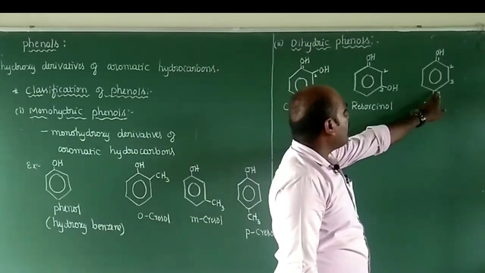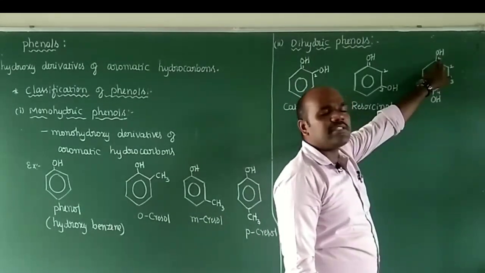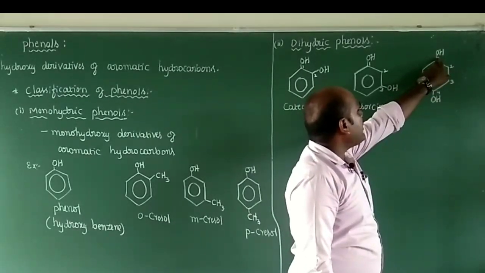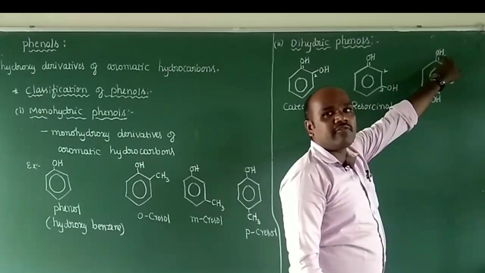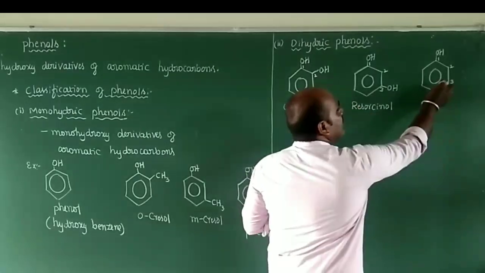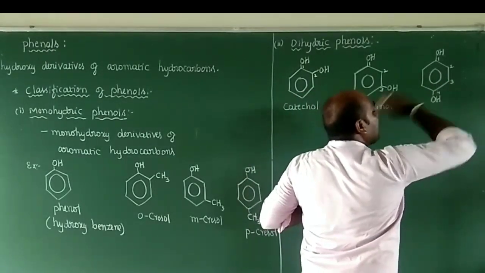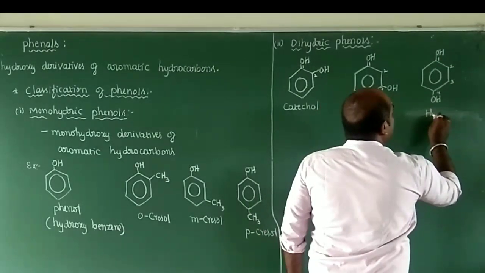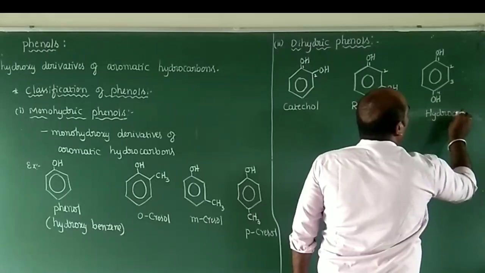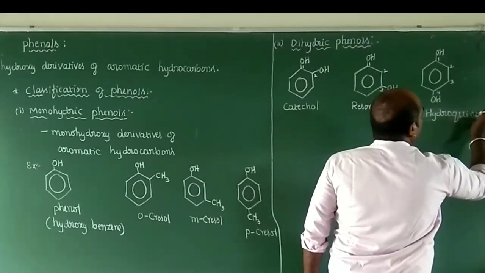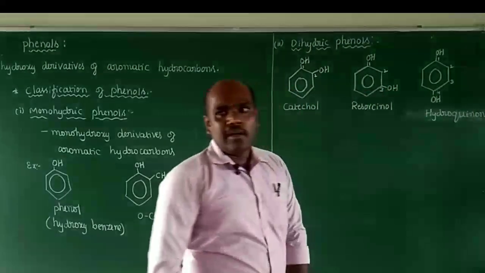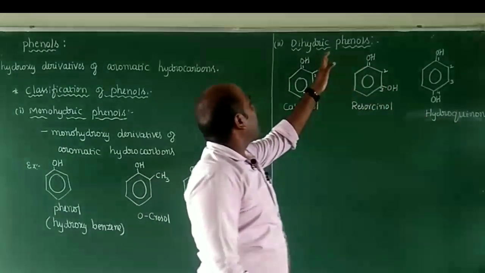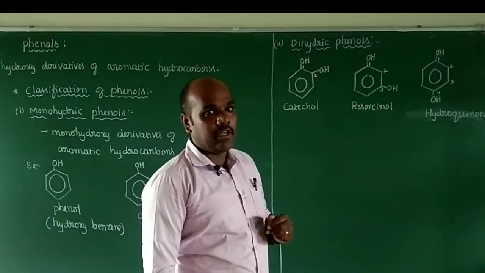But in quinone we have double bonds at these positions, through which the oxygen atom is bonded. Here there is only a single bond, and along with oxygen we have hydrogen. So this is the other form of quinone, wherein two hydrogen atoms are present, and it is called hydroquinone. These are the three simple examples we can give for dihydric phenols.